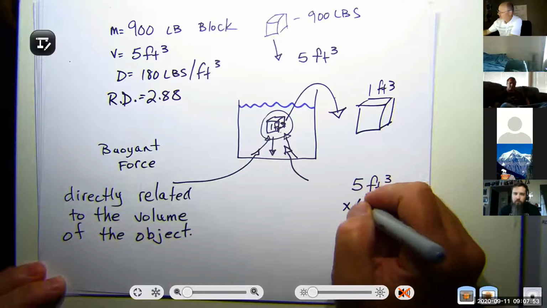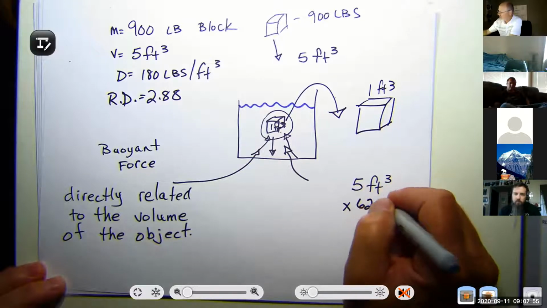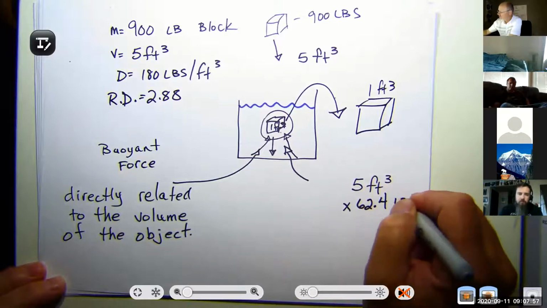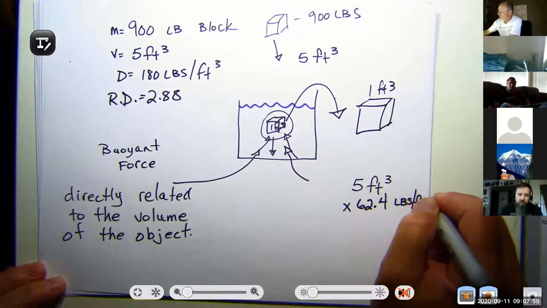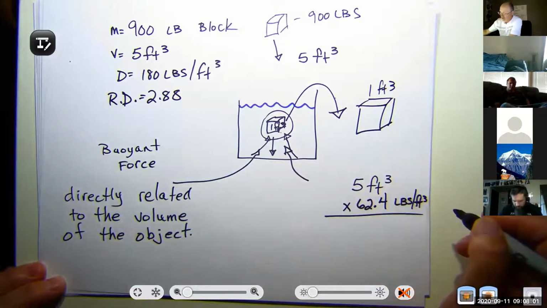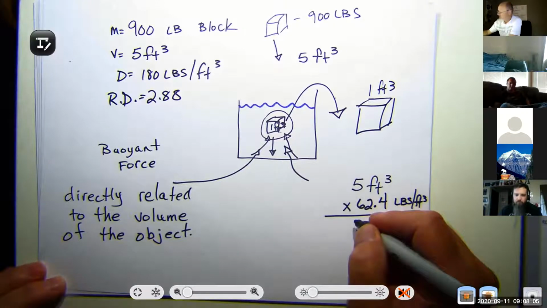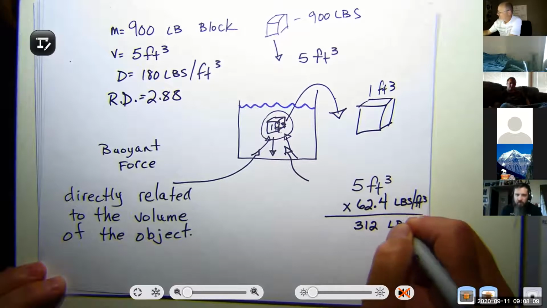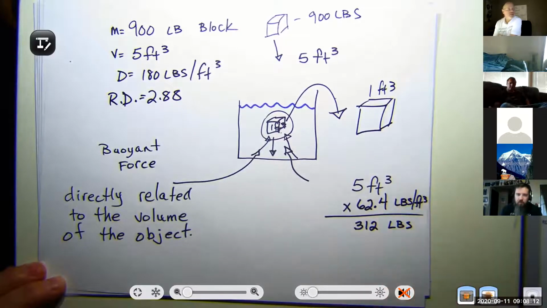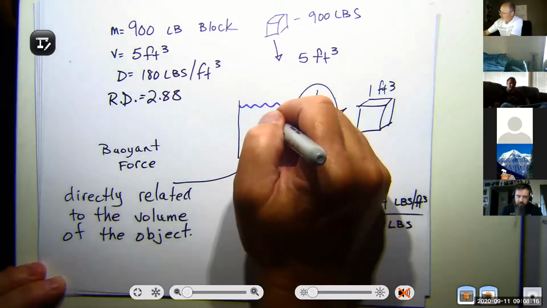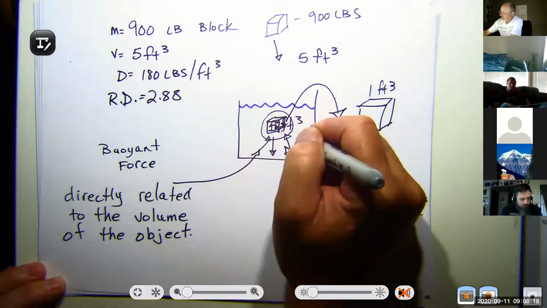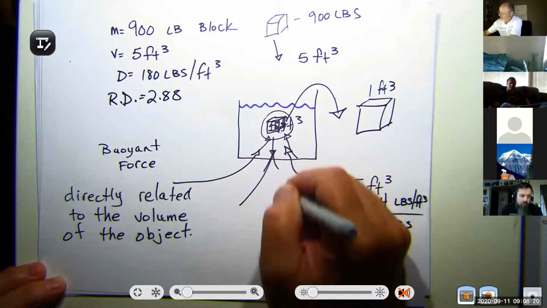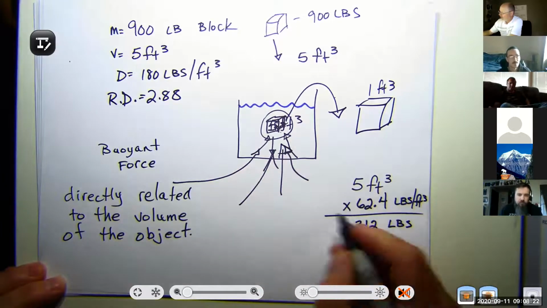And we know 1 cubic foot of water weighs how much? Weighs 62.4 pounds. So the buoyant force pushing up on this object is 312 pounds. Meaning this 5 cubic foot object has a buoyant force pushing up on it of 312 pounds.